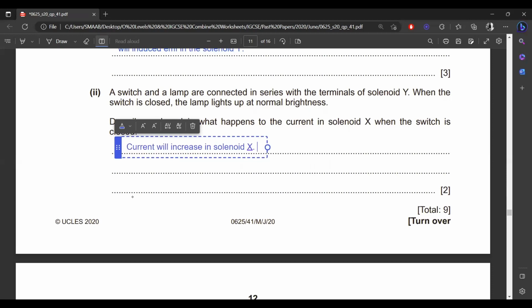So to light up that lamp, and when the switch is closed, the lamp lights up at normal brightness. So to maintain the brightness, we need to increase the current in solenoid X. So that's why the lamp which is connected with solenoid Y will continuously light up.